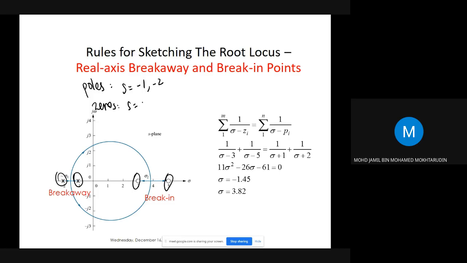So zeros is at 3 and 5. So to use this formula, basically the 0 is 3 and 5. So you sum, okay? 1 over sigma minus 3 plus 1 over sigma minus 5 equals 1 over sigma minus 1 plus 1 over sigma minus 2.